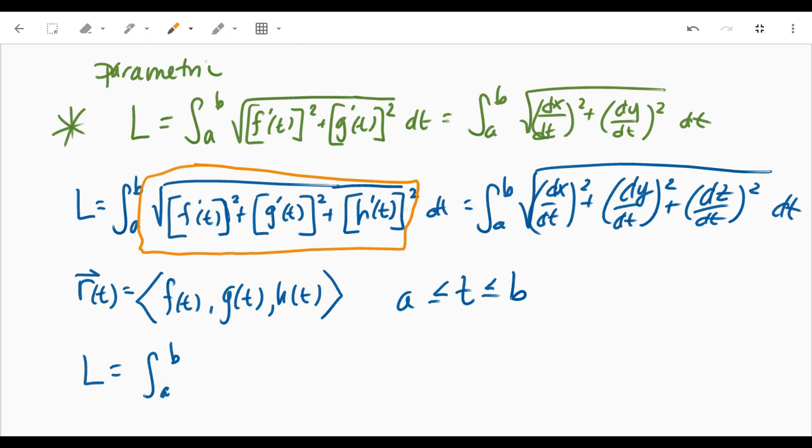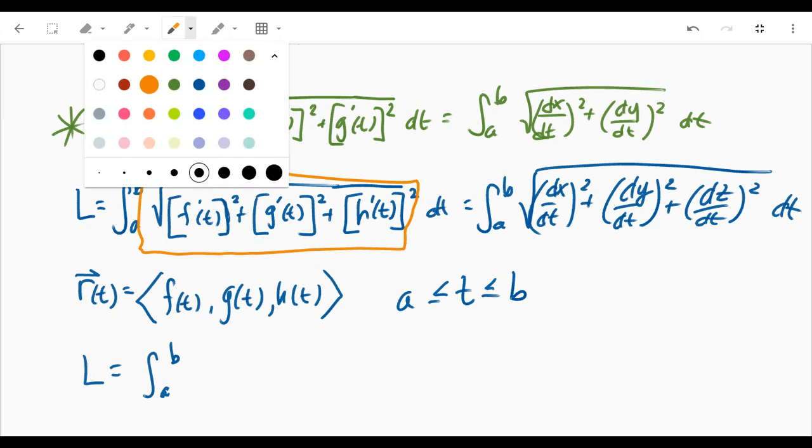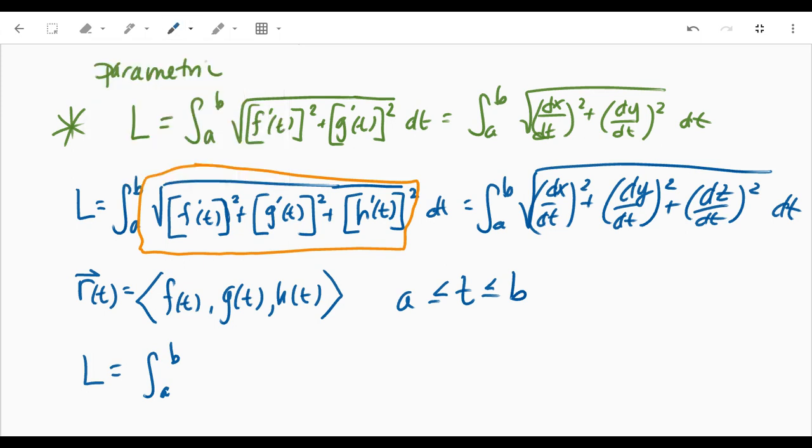That is the magnitude of r prime. So magnitude of r prime of t dt. Right, the magnitude is the components squared, added up, and then square root. It's like your distance formula.